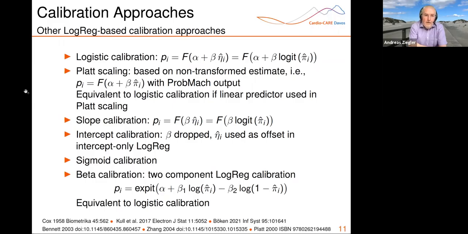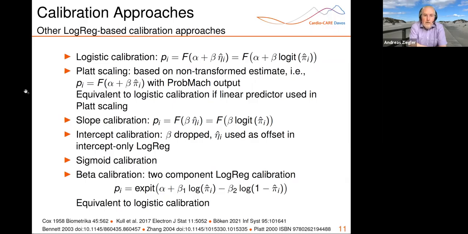Then there's another approach also based on logistic regression, very similar to original logistic calibration. And this was proposed quite recently in that paper by Kuhl 2017 in the Electronic Journal of Statistics. It's the second reference I give below. And in beta calibration, you do something like a two-component logistic calibration where you explicitly model the pi hat and the 1 minus pi hat.